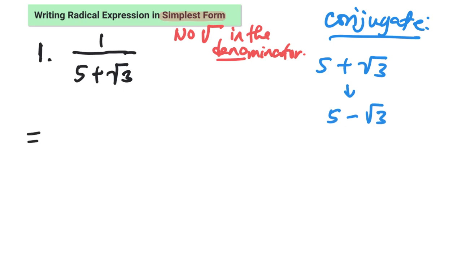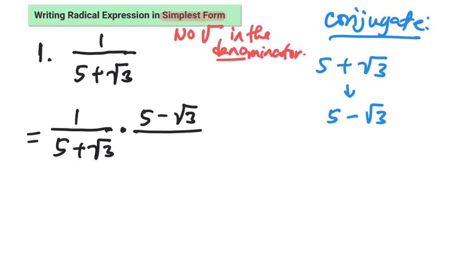Let's rewrite the expression: 1 over 5 plus root 3. Then we multiply by the conjugate, which is 5 minus root 3 divided by 5 minus root 3. Continue the process. We're just going to multiply both sides. This is going to give you 1 multiplied by 5 minus root 3.